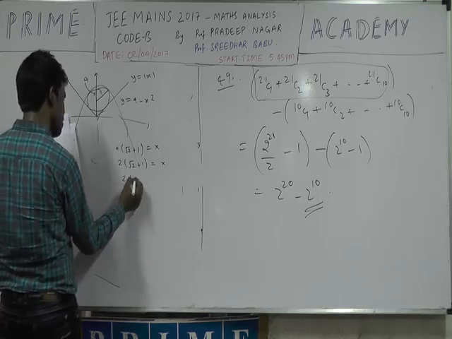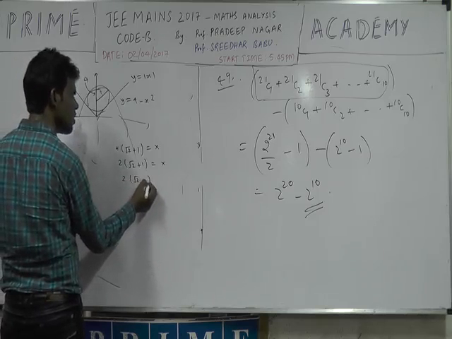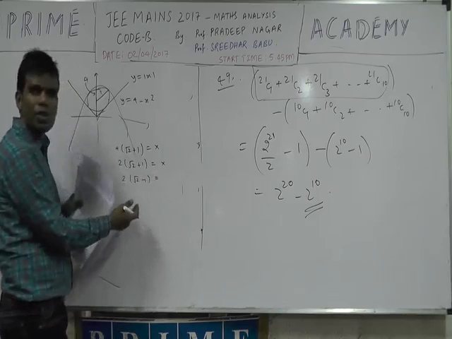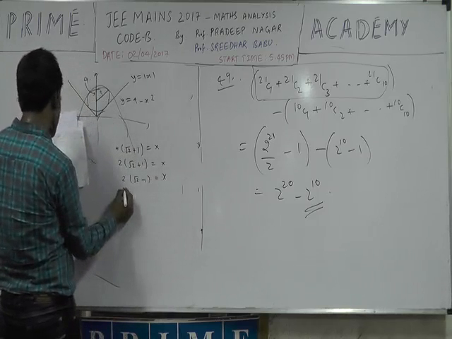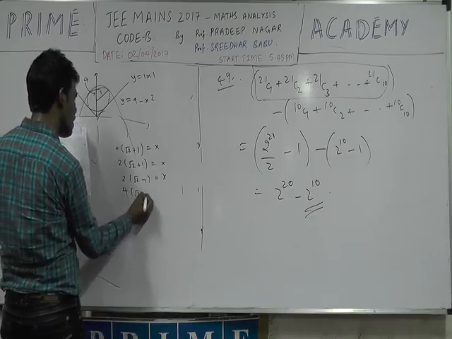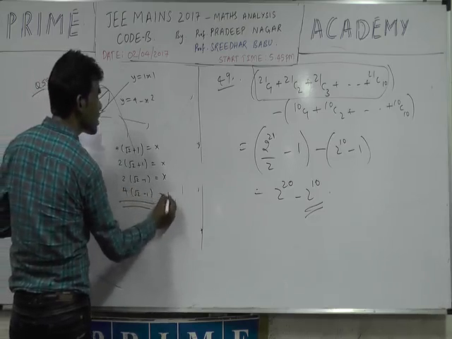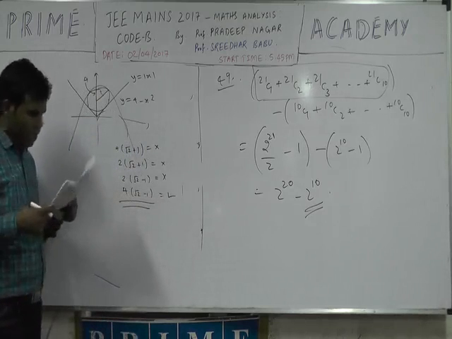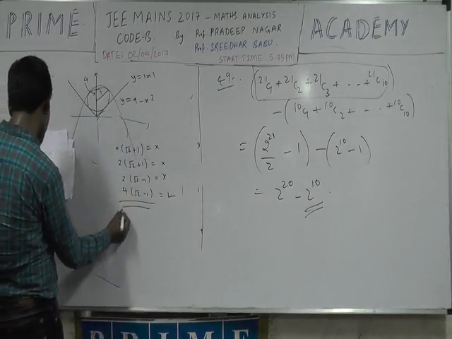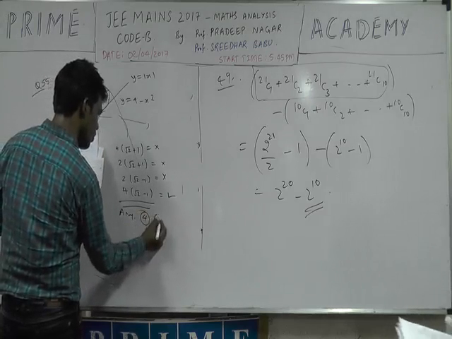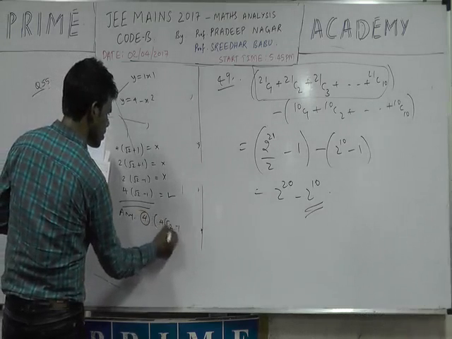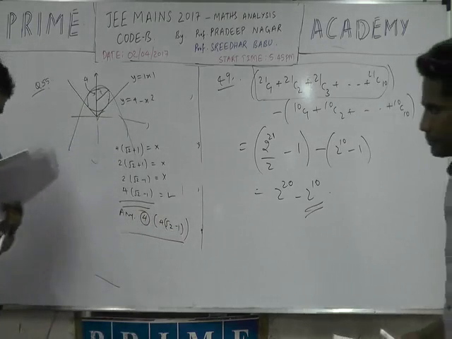Next option is 2 times (root 2 minus 1). This is close to 1, which is very small, again not possible. Hence this is the only one which is possible, that is 4 times (root 2 minus 1). That's it. Next question.